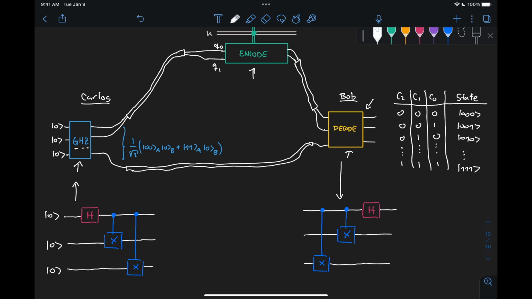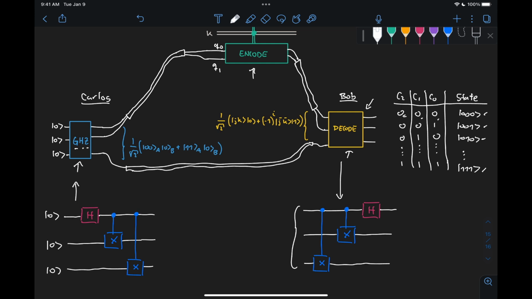Then we can ask, what are the states that we need to have at the input of Bob's decoder so that when he applies this circuit, he gets the states that match the classical bits that Alice is trying to encode? Well, that's just the GHZ basis states, which are given by this expression.